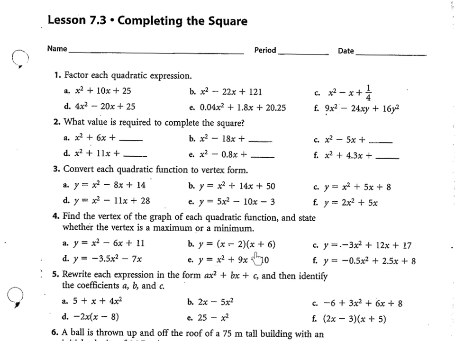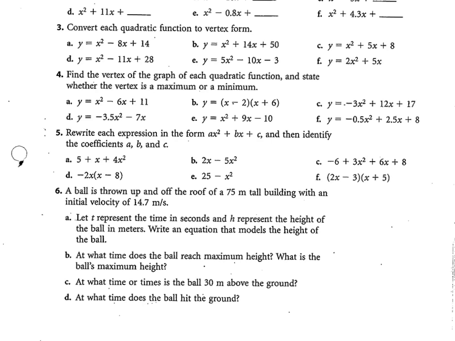Do the same thing here, but then tell me where the vertex is located. Number 5, you just have to change the order of the equation and give me A, B, and C.